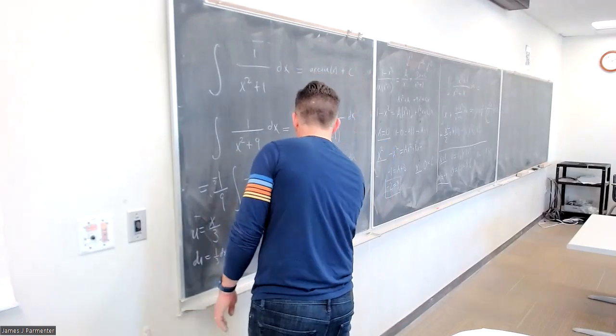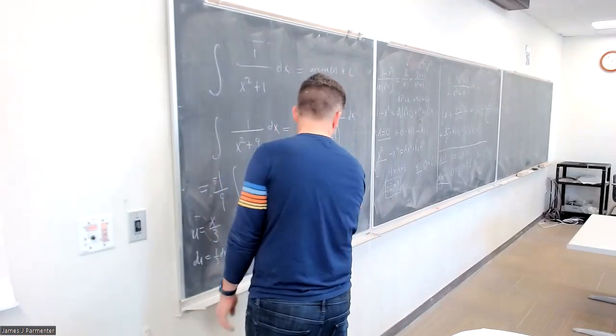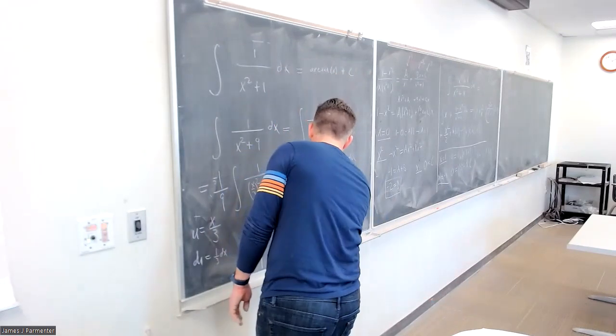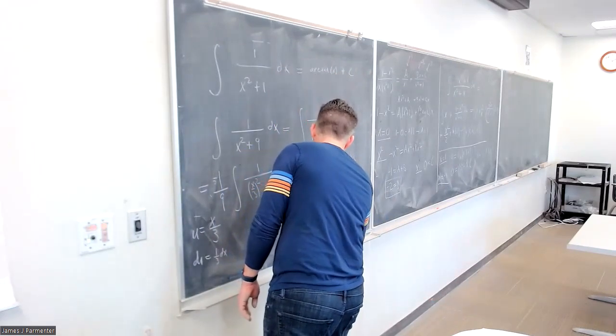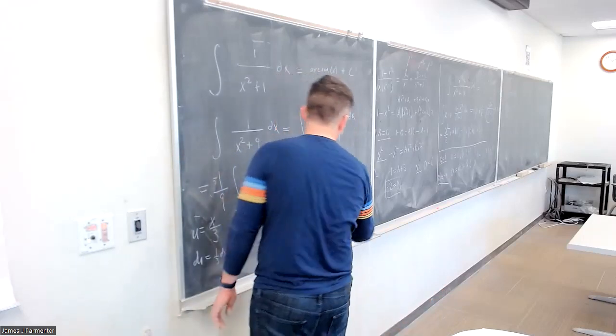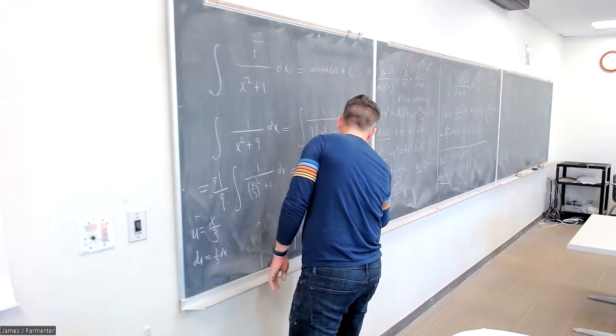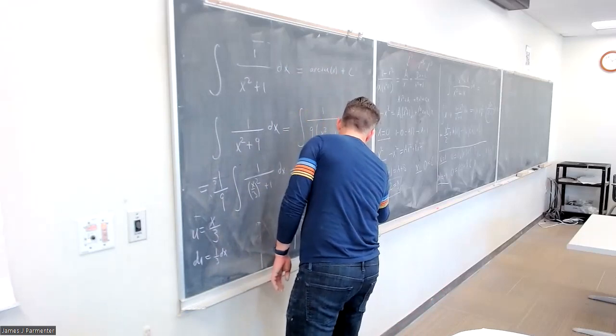Then I've got 3/9, which is 1/3. The integral of 1 over u squared plus 1 is the arc tangent, and I end up with 1/3 the arc tangent of x over 3.